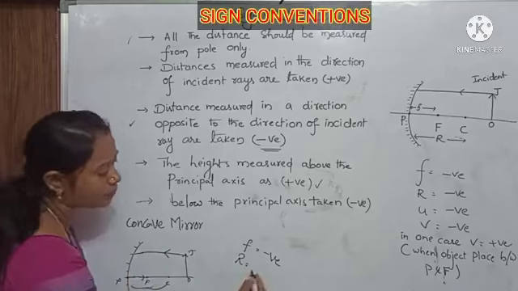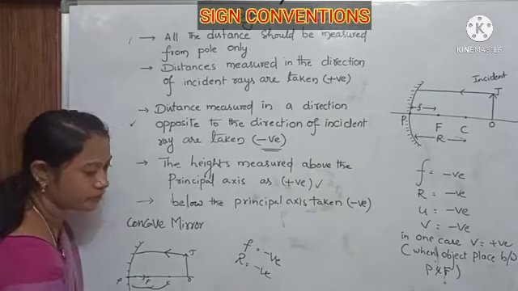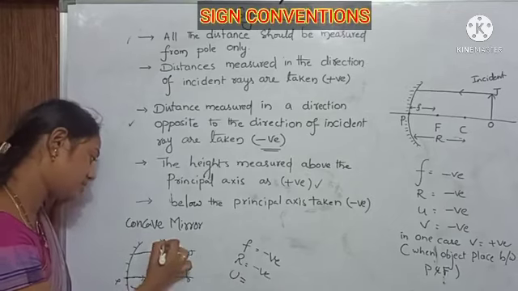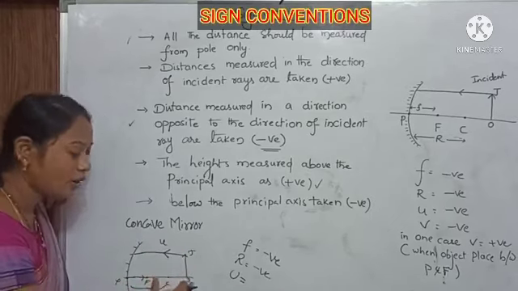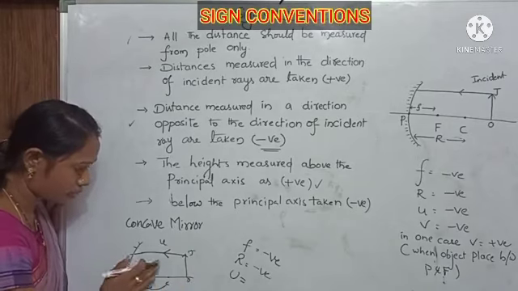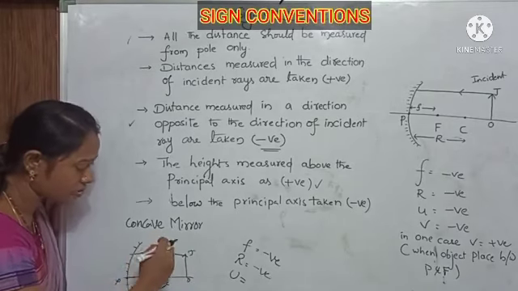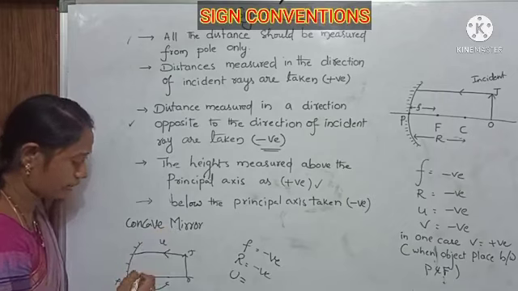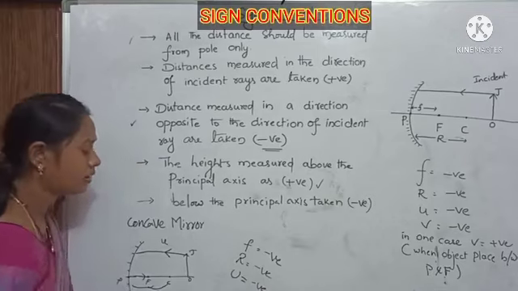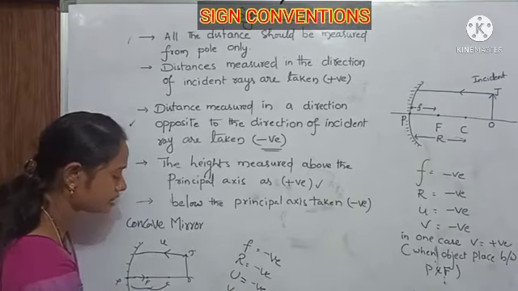Both are opposite, so it is negative. Next, object distance. What is object distance? The distance from the pole to the object. We take the measurement opposite to the incident ray, so that is negative.